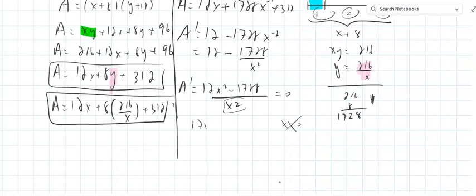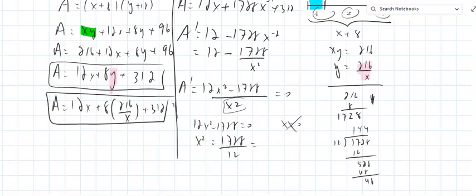If I take 12x squared minus 1728 equals 0, I'm getting x squared to equal 1728 divided by 12, which is, let me divide, 144. That means x equals plus or minus 12.